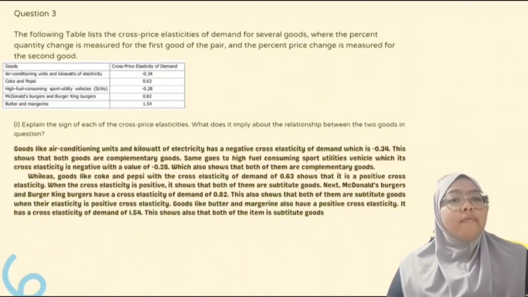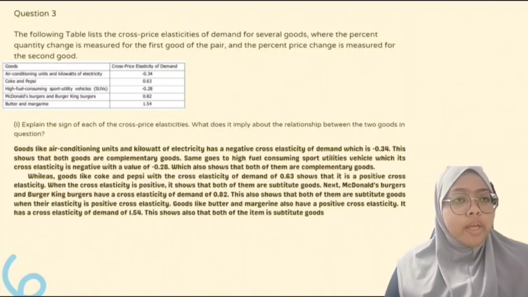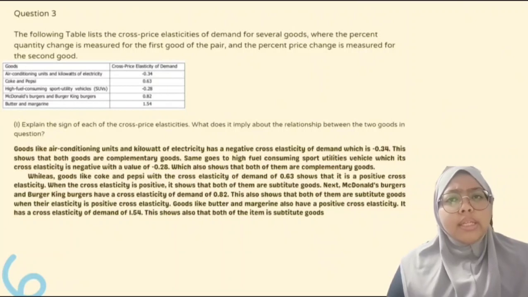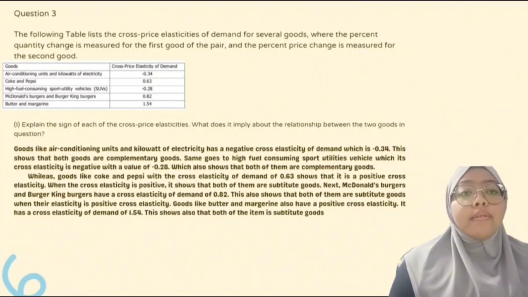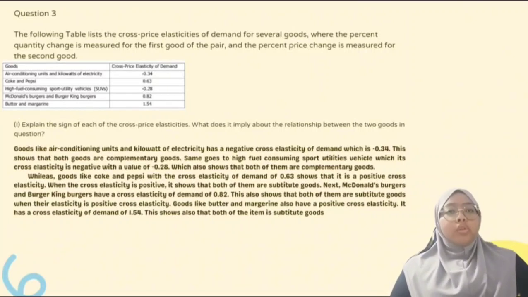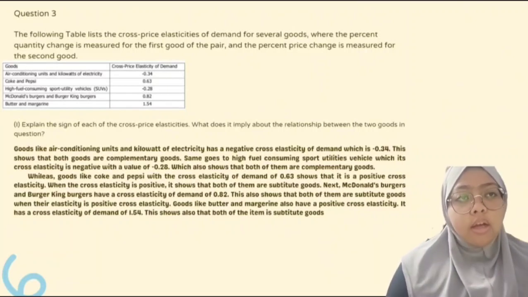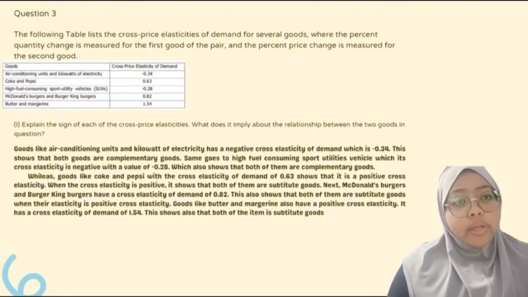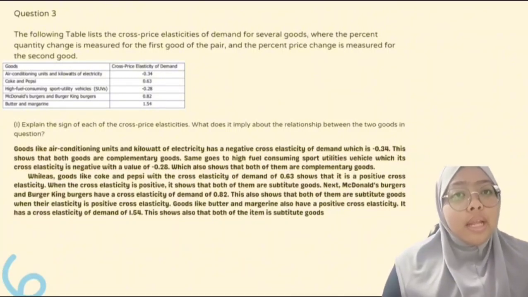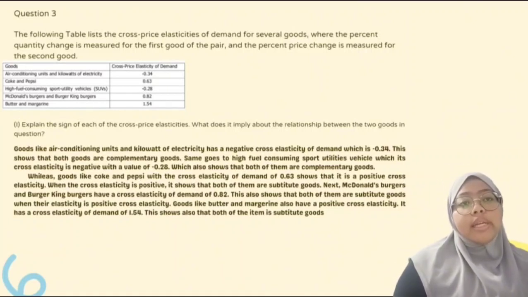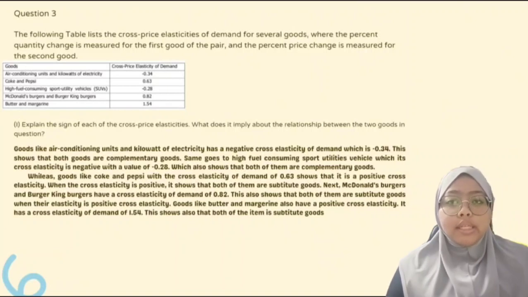The same goes for high fuel consuming sport utility vehicles, whose cross elasticity is negative 0.28, which also shows that both are complementary goods. Whereas Coke and Pepsi, with a cross elasticity of demand of 0.63, have a positive cross elasticity.